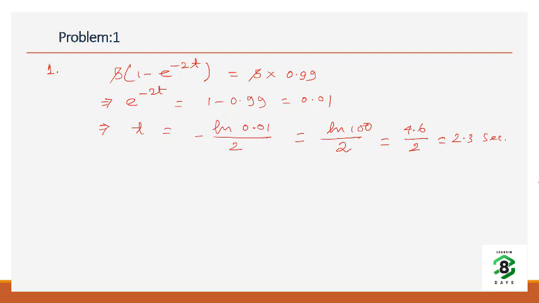Now second part is to compute the rise time. Now rise time can be written as TR is the time difference between 90% and 10%.